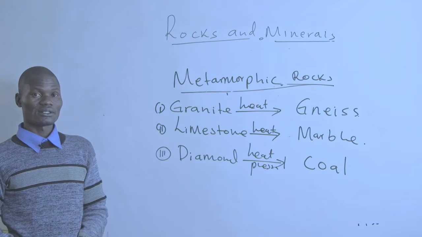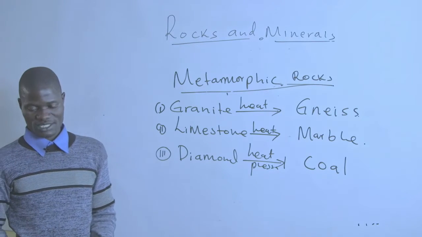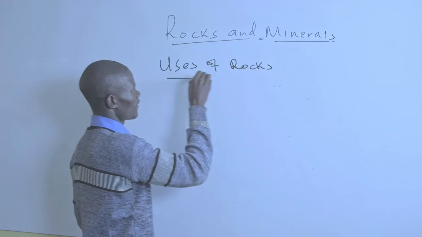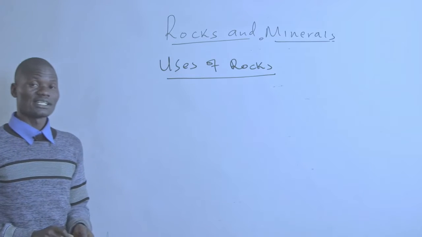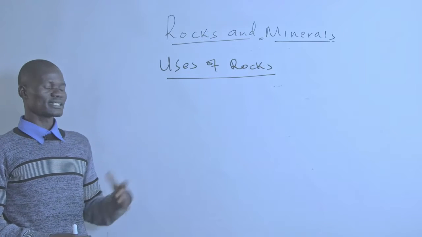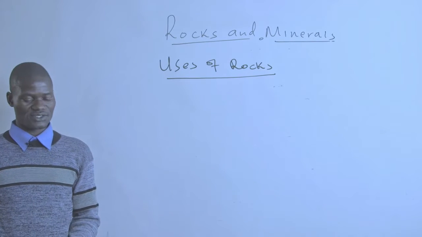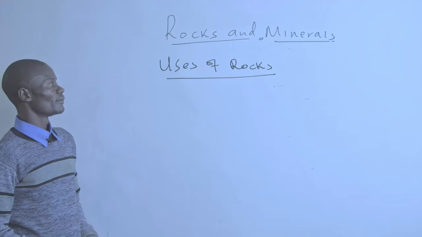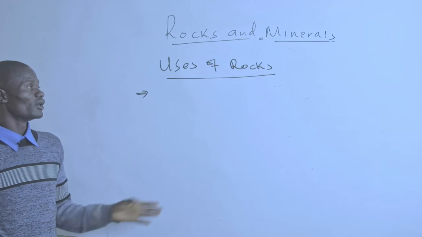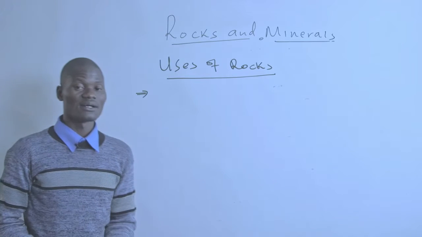Now, lastly, let us look at the uses of rocks. We'll be able to look at the uses of rock in general, but we can also narrow down to each category of rocks as we have looked into the various classes of rocks. But we will generalize here. Because we saw earlier on, most of the igneous rocks are hard and very strong.